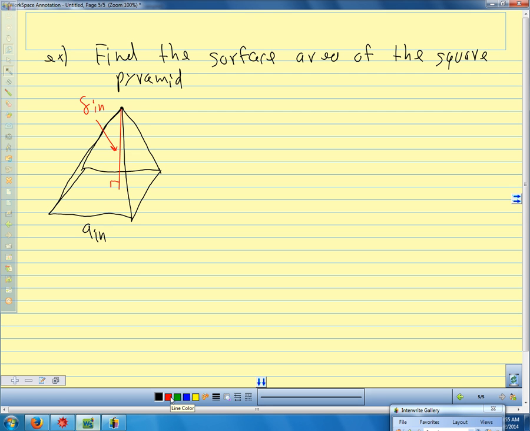What's our problem here? We know our surface area is 1/2 LP plus B. Well, the B part is easy, the area of the base. We can figure that out pretty easily. The perimeter's good. What's our problem?